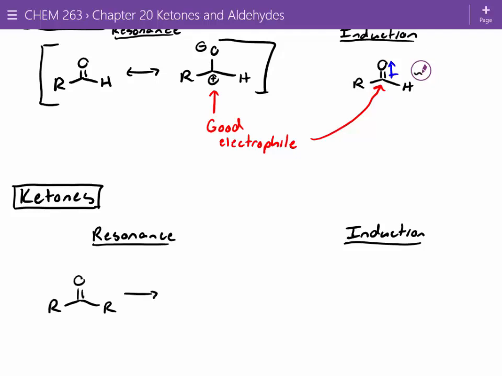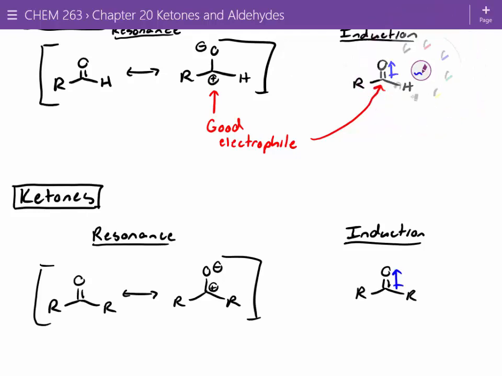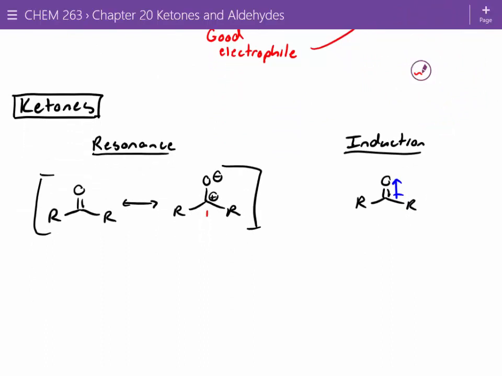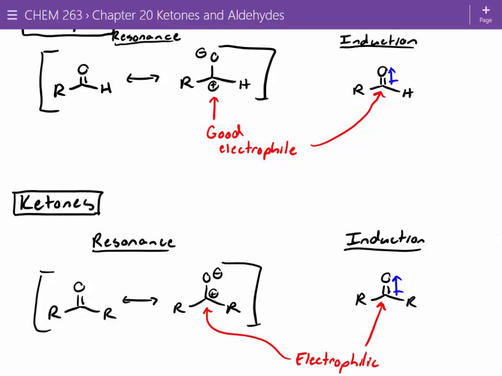We were just replacing that hydrogen with an alkyl group. Or we can explain it in terms of induction, where the oxygen's just simply more electronegative. But in either case, the carbons on them are good electrophilic sites. Okay, so now I've got an abstract question for you guys. They're both electrophiles. Which one's the stronger electrophile?